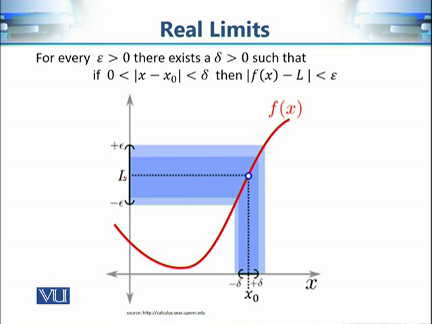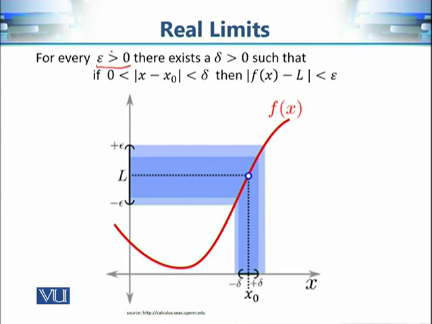For every epsilon, we need to find a delta. Epsilon is arbitrary, because if we are claiming that the functional values are getting closer and closer to L, then we should be able to prove it for each and every distance, that the functional values are closer than any positive number.